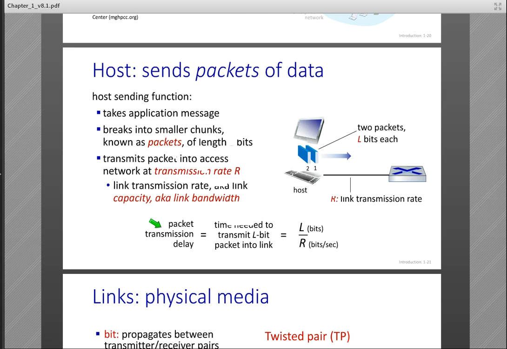Bandwidth means the frequency range, the difference between the higher and lower frequency in a band dedicated to our application. Each application has a frequency range.